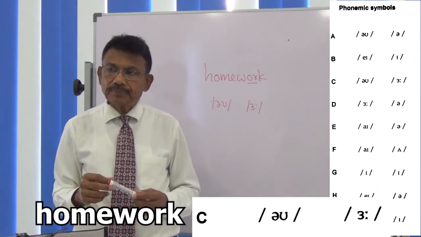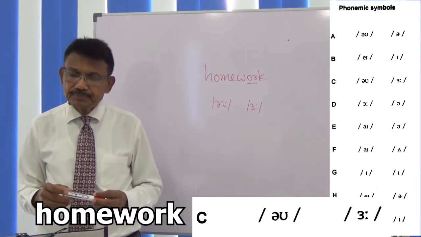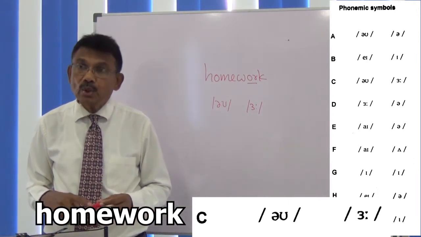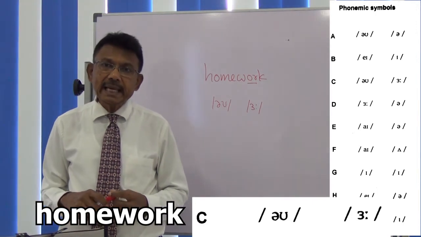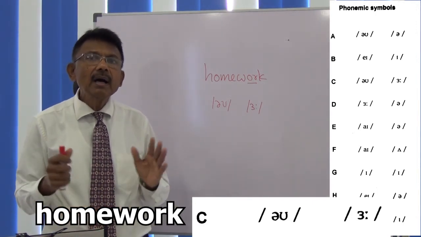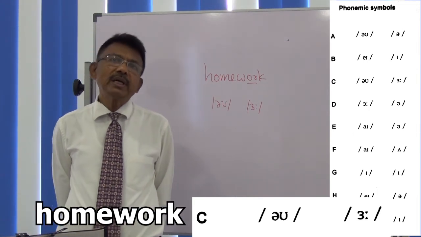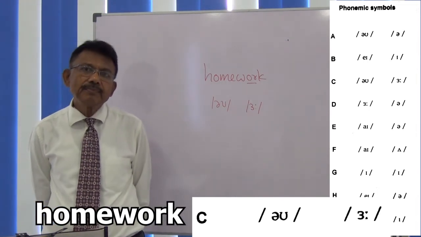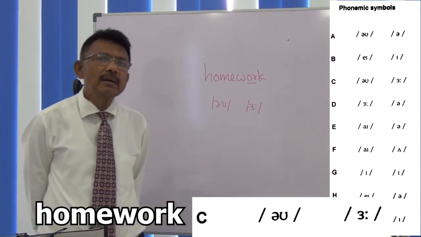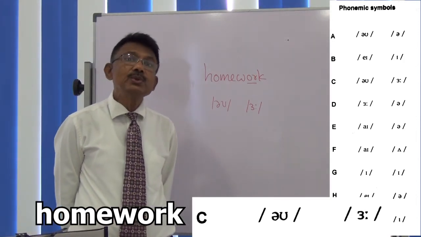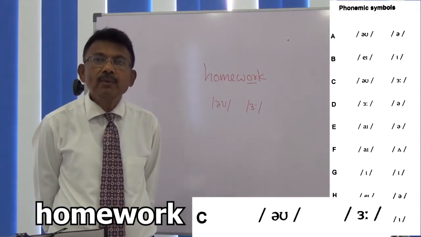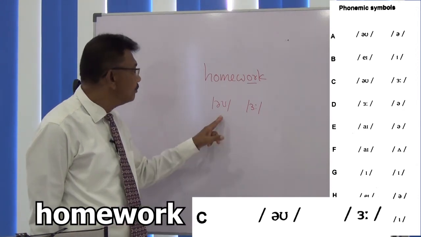It's not homework, but many say homework. But for teachers like you must know the correct pronunciation, right? Let others say homework, but you try to practice and use homework. O.